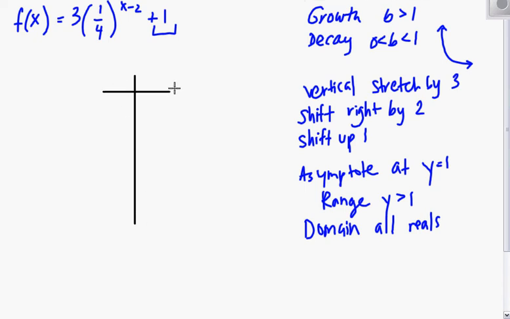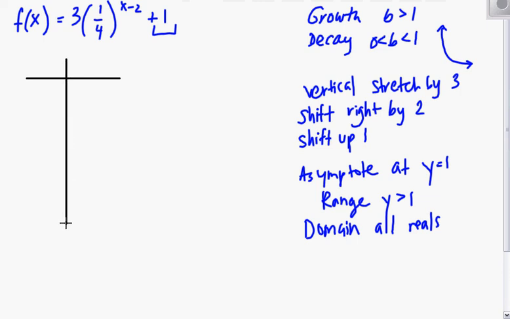Okay, so let's look at our table x, y and plug some numbers in. So I'm actually going to start this one at 0.